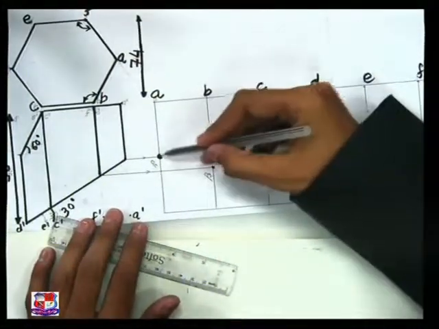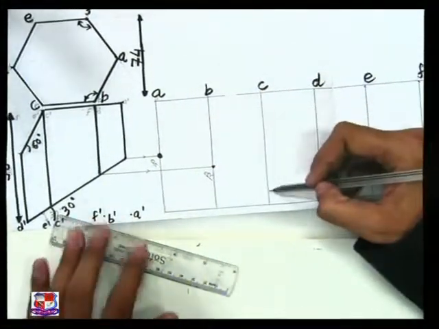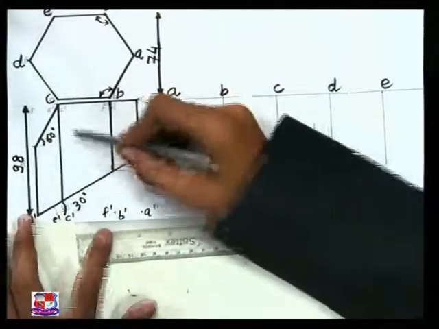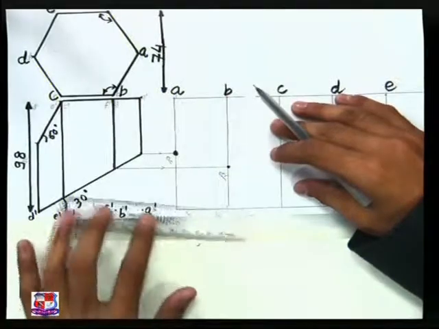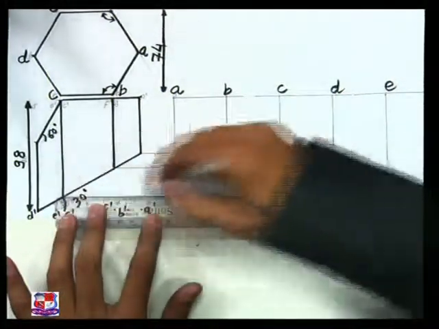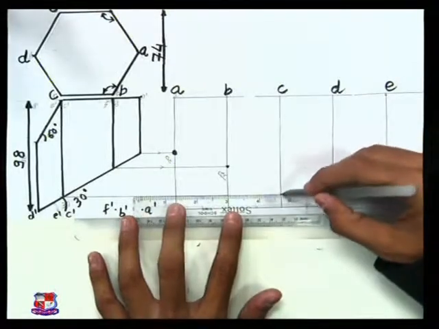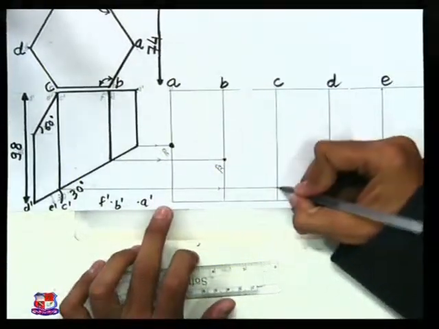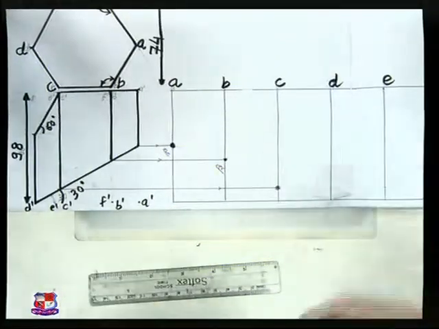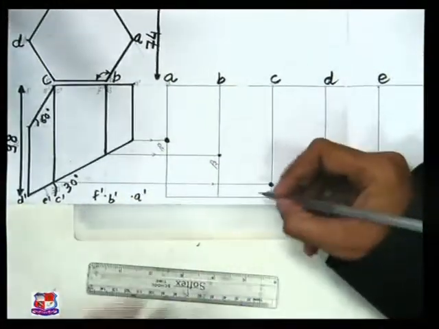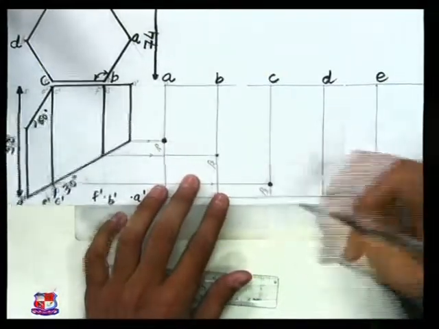So we have identified points P1, P2. Similarly P3 would be here. It is on C dash. So from this point, draw a horizontal line, transfer that point to C like this, and that will cut OC at this point. And this is the point P3. Name that point as P3.